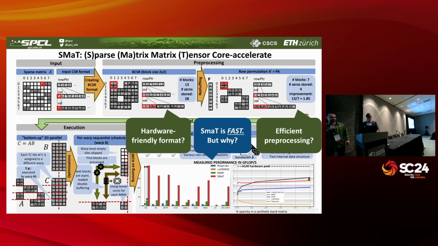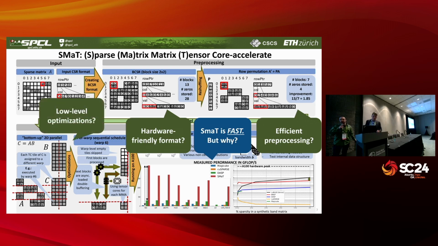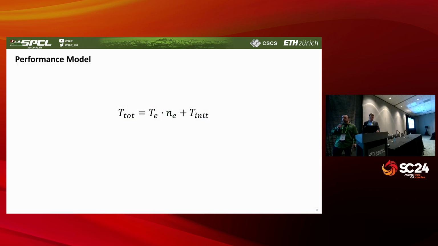Or maybe actually this is irrelevant and the only thing that matters is low-level optimizations? Well, spoiler alert, all of them matter, and let's break down and understand the performance of the SpMM kernel. So we model the execution time with this simple linear equation, where the total execution time of the kernel can be brought down to these two main parts.